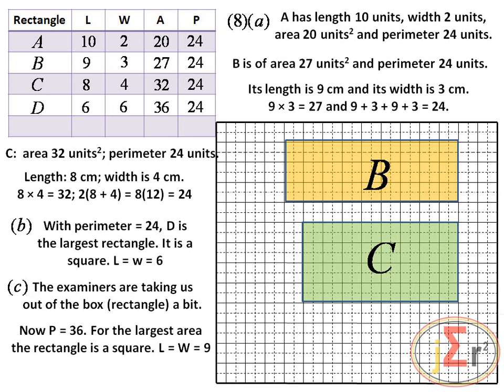Well, the largest area that we have will be the area of the associated square. The length and the width are equal, and they are equal to 9 units. If the length and width are equal to 9 units, then the area will be 9 multiplied by 9, or 9 squared, and that is equal to 81.